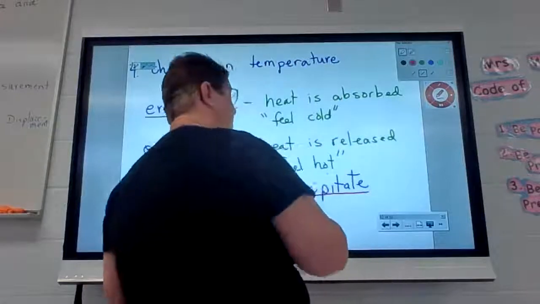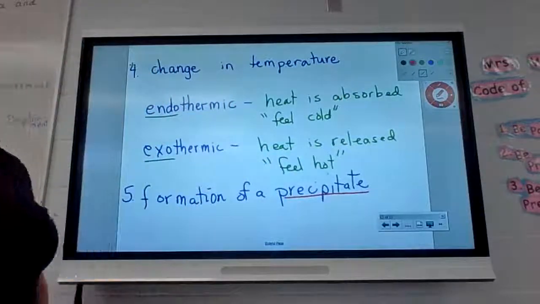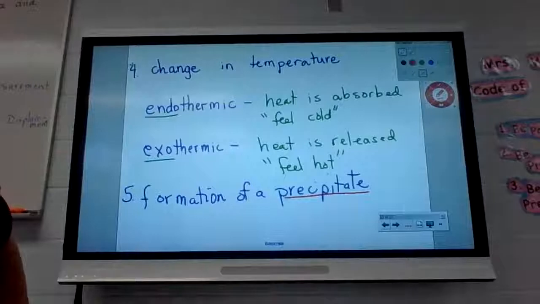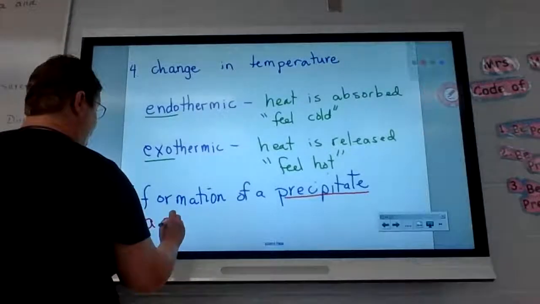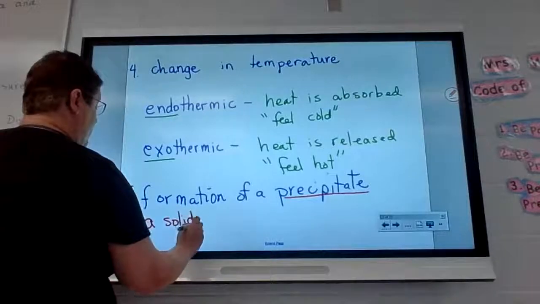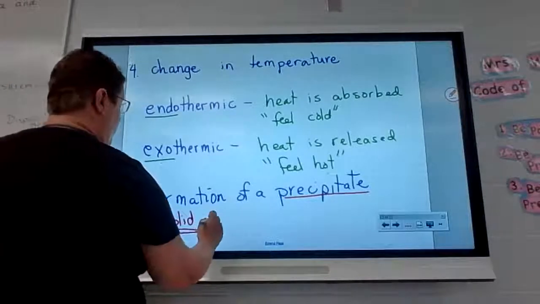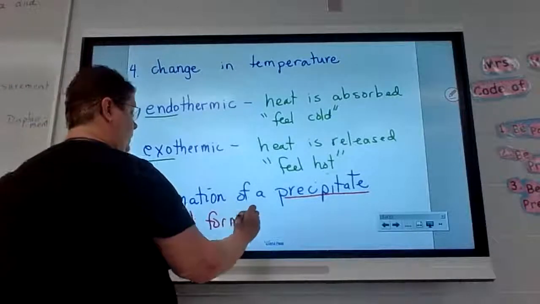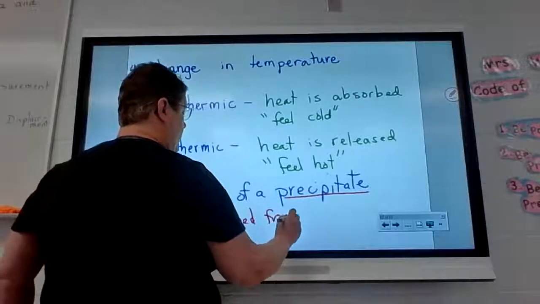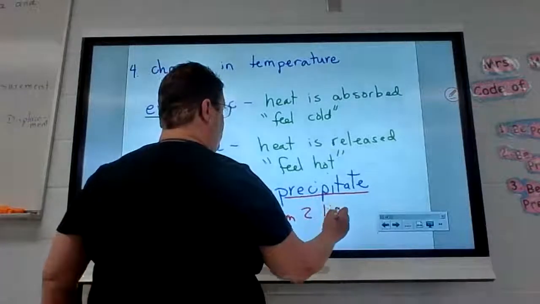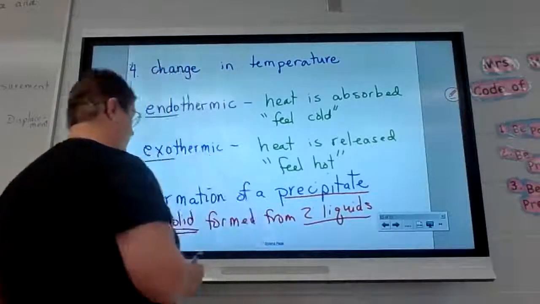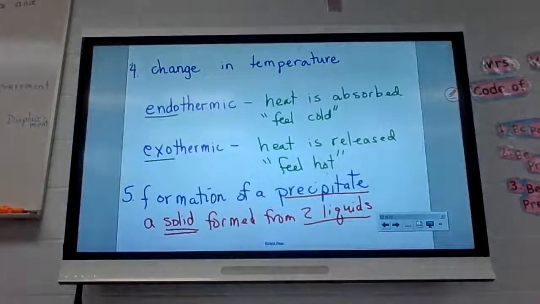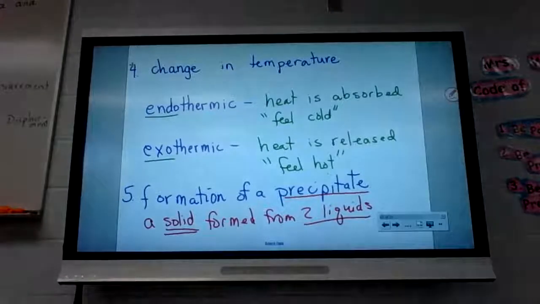A precipitate in chemistry class is not rain, sleet, snow, or ice. A precipitate is a solid. Okay? A precipitate is a solid formed from two liquids.